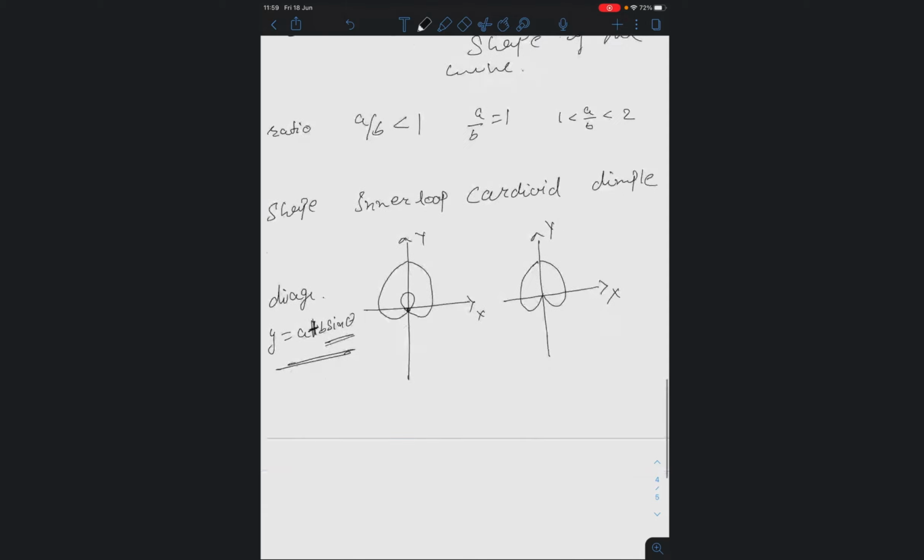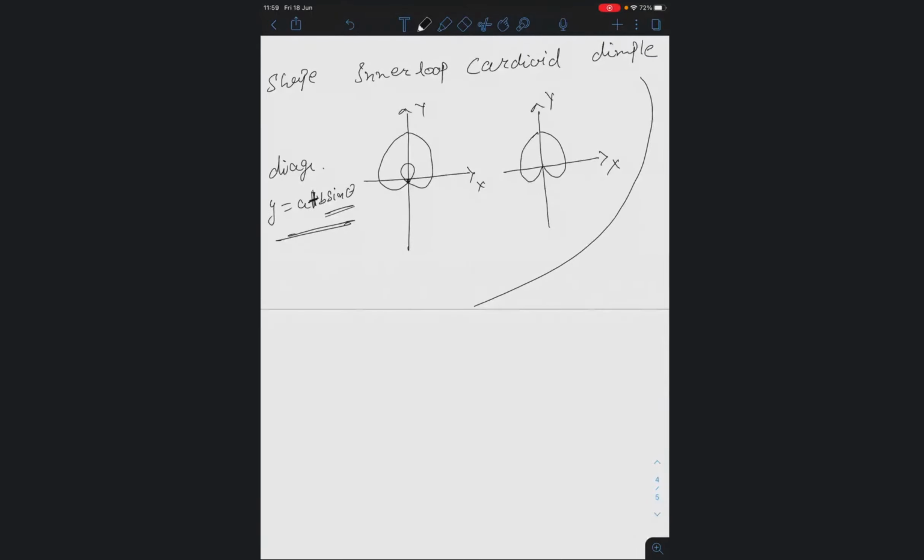Now this ratio, if a by b is strictly lying between 1 and 2, greater than 1 but less than 2, then dimple, the graph will be, again I have taken a plus b sine theta itself. So the graph will be something like this, x-axis, y-axis. You don't have a sharp edge here, it is just a smooth one, something like this you will have.